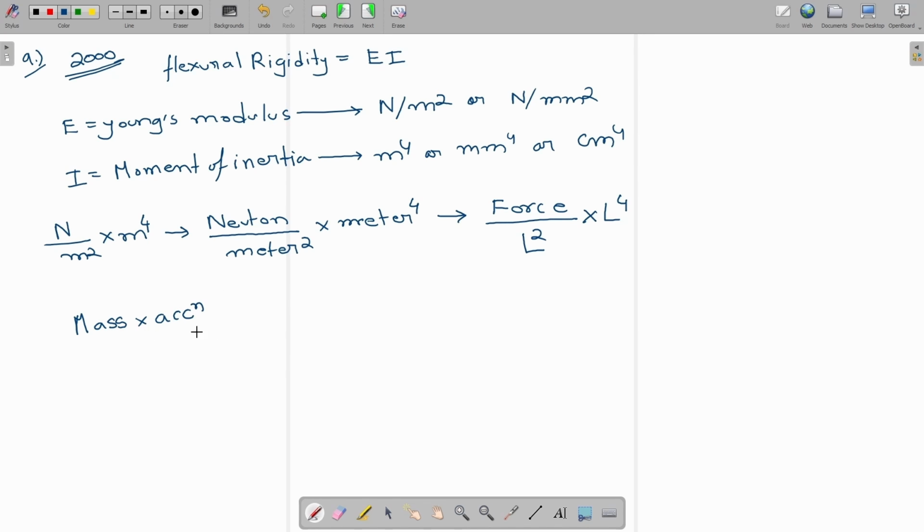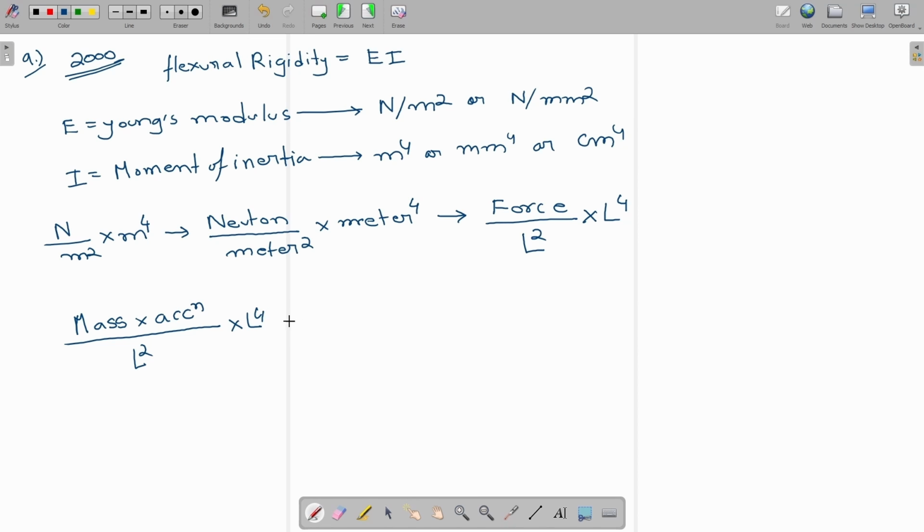These concepts we completed in class 9 or 10, Newton's second law. So, mass into acceleration over length square into L to the power 4.